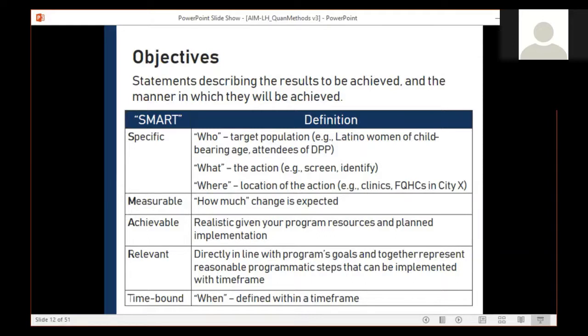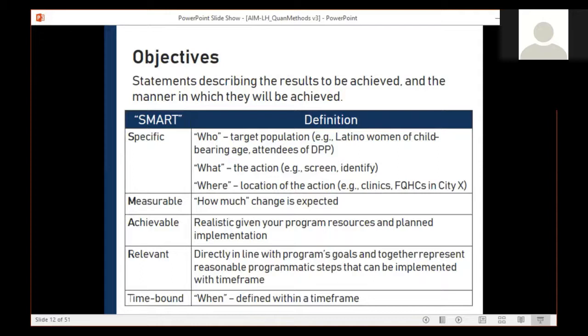And I know most of you are familiar with the SMART acronym, but just to quickly hit upon it, the S being for specific, the who, what, and where. And measurable, so how much change is expected. Achievable, is this realistic given your resources and planned implementation of the program? Is it relevant? Is it in line with your program's goals?